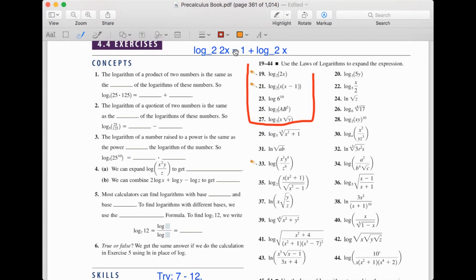You have to explain to us why. Because you have 2 times x, a product inside the log. That means by the laws we learned, you can split it into an addition of 2 logs. So let me add the intermediate steps. So how do you split?